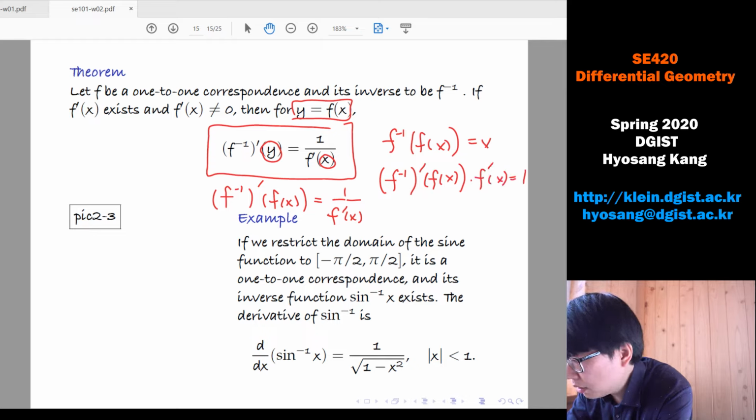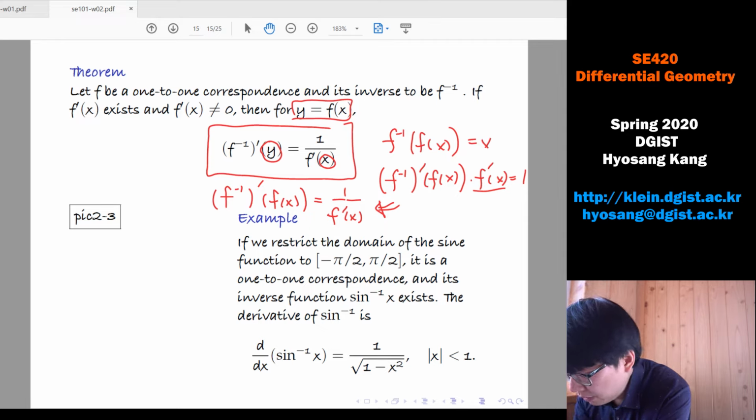And then you get 1 on the right hand side, taking the derivative of x. Moving f prime of x to the right hand side, you get this expression. And then I just replaced f(x) with y because this is more convenient.